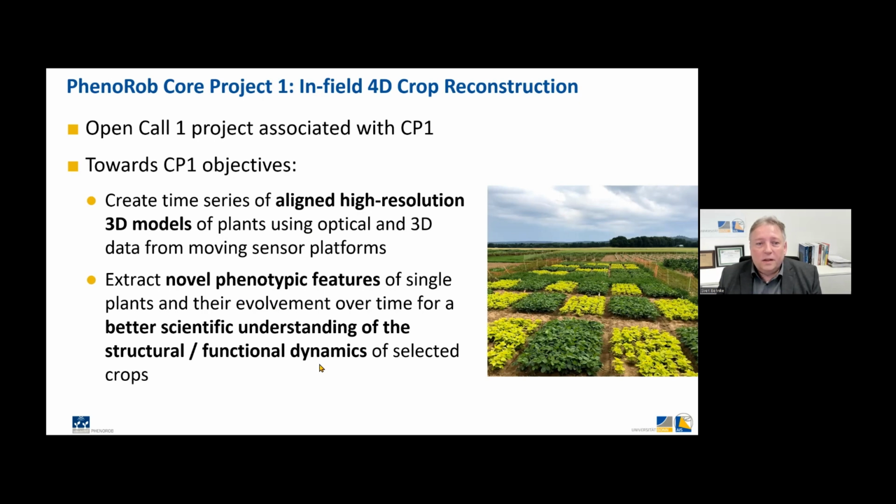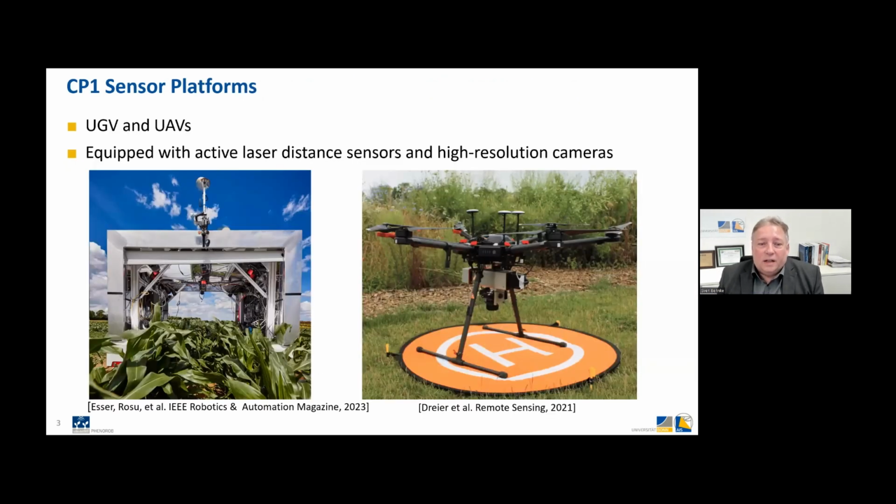Within CP1, we have different kinds of sensor platforms developed based on ground vehicle, which is pretty big, like about 2 by 2 by 2 meters, and also flying robots. So with the flying robot, you have the opportunity to quickly cover a large area.